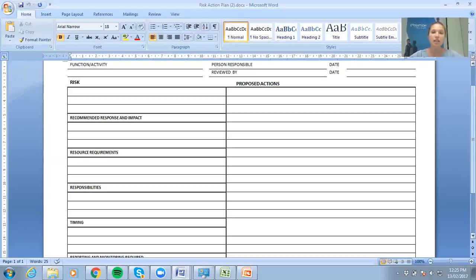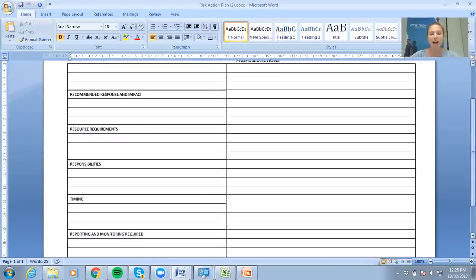Then looking at responsibilities within your team, who is responsible for this risk and what is their role in handling this risk? Who would they be speaking to? Who are they liaising with? What kind of plan are they putting in place? Then your timing, how far out from the event does this risk action plan need to be put in place?